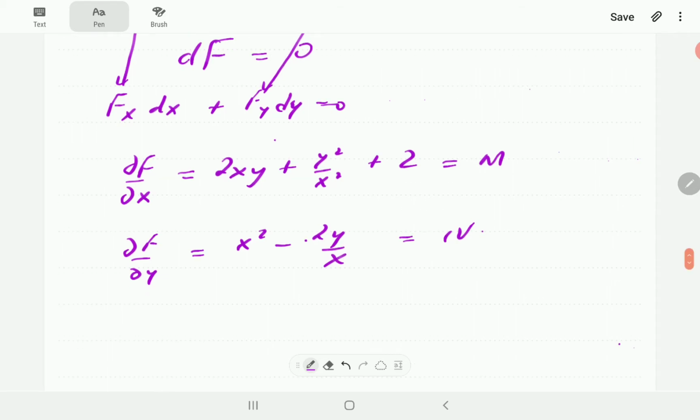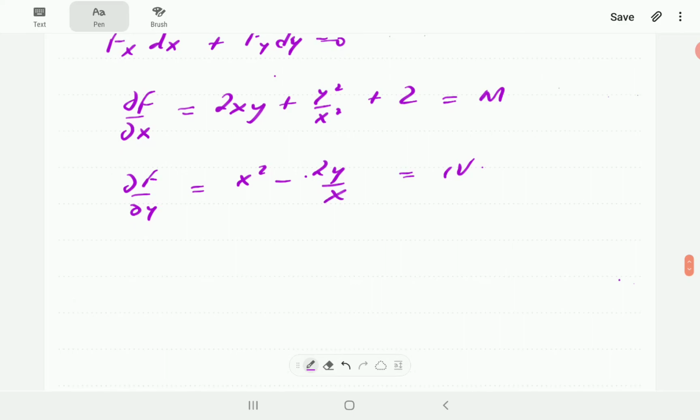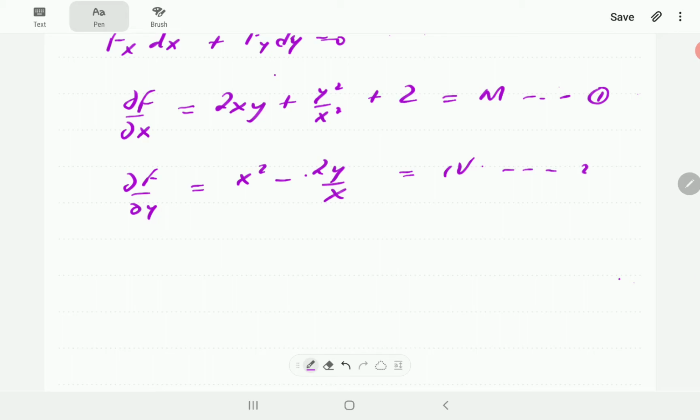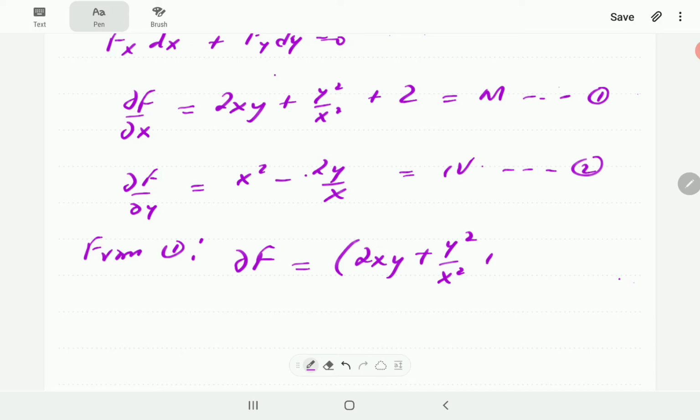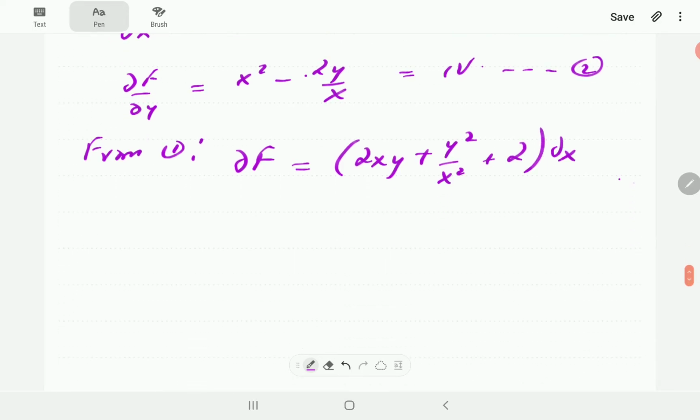Now, so how can we find f from here? Well, we're going to find f by integrating partially. So if we take the dx partial x to the other side, then we've got partial f is equal to 2xy plus y squared over x squared plus 2 partial x.